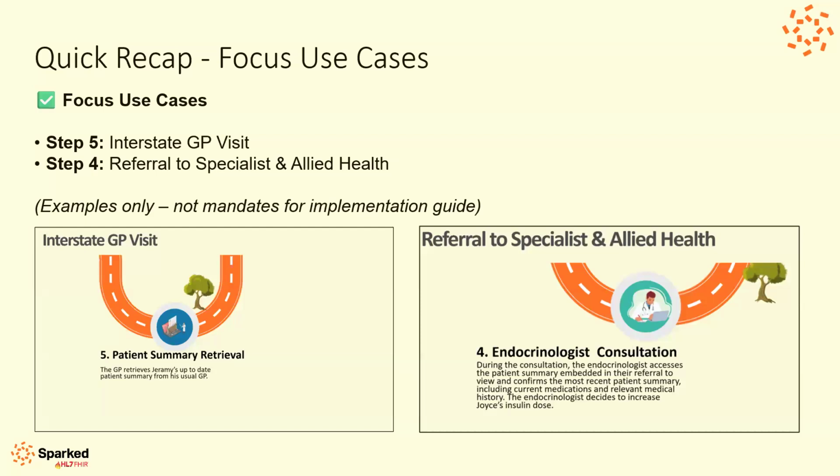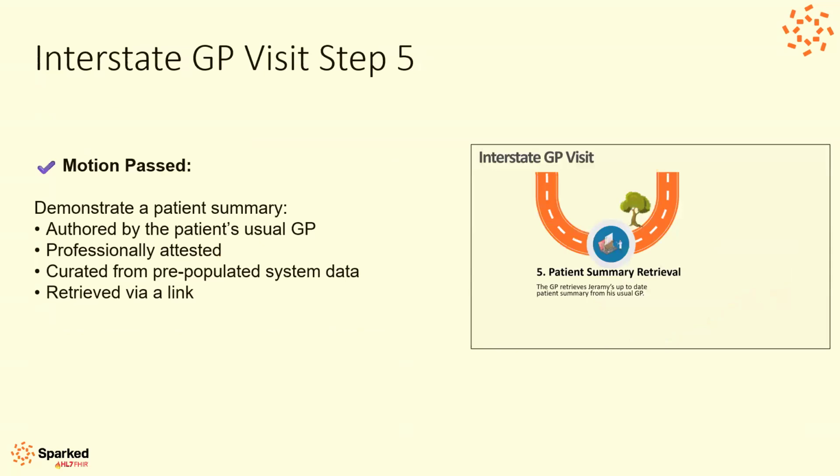So as a group, we agreed to focus on the 2 specific use case steps of step 5 from the interstate GP visit for the consumer journey and step 4 from the referral to specialist and allied health consumer journey. At the last meeting, we zoomed in on step 5, the interstate GP visit.